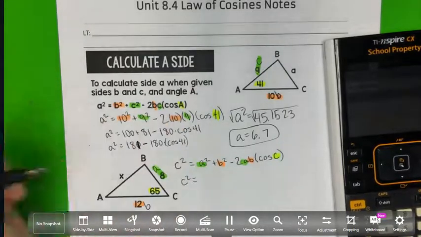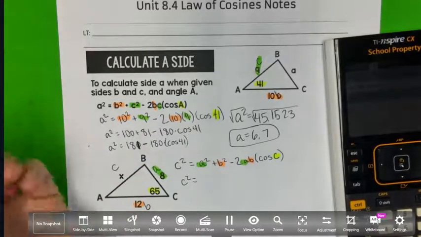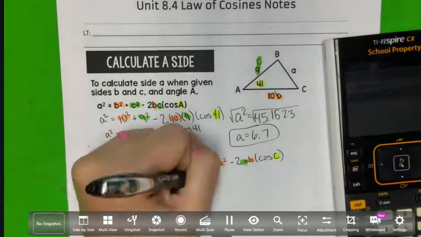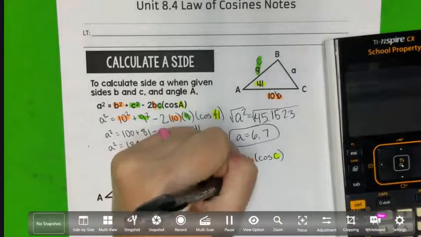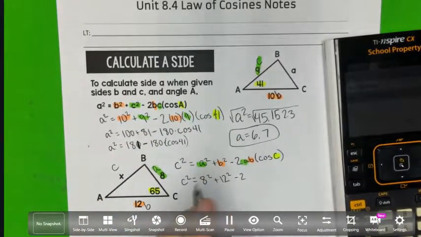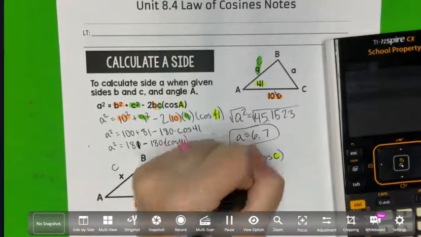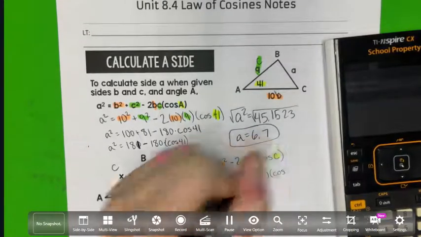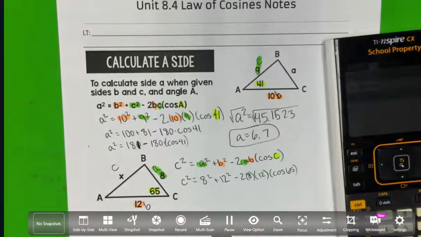C squared. We're looking for C. This is our C, across from angle C. It is equal to 8 squared plus 12 squared minus 2 times 8 times 12 times cosine of our angle, which is 65.